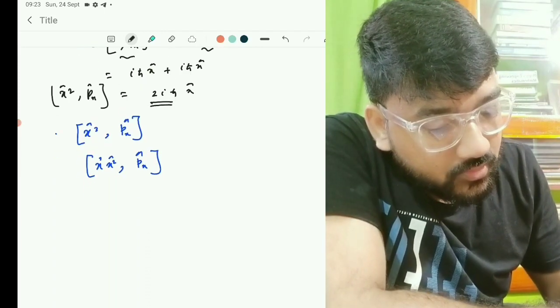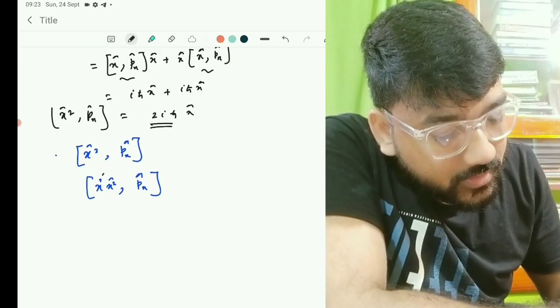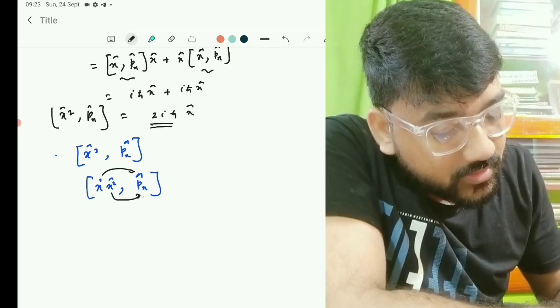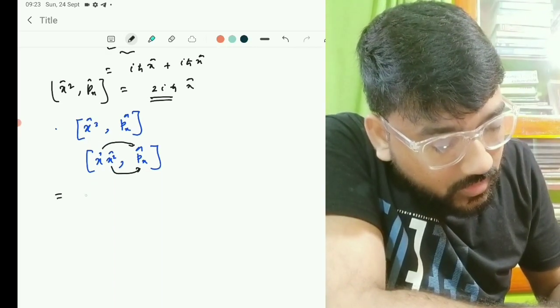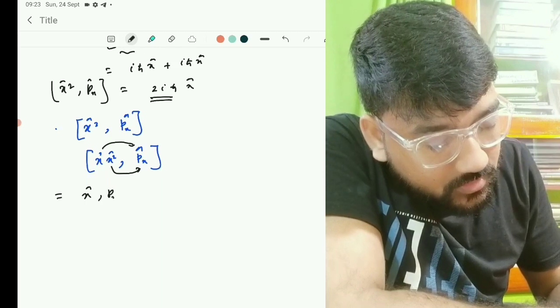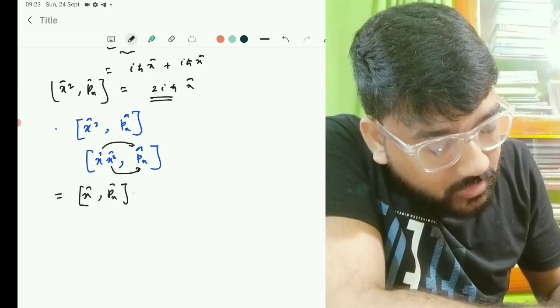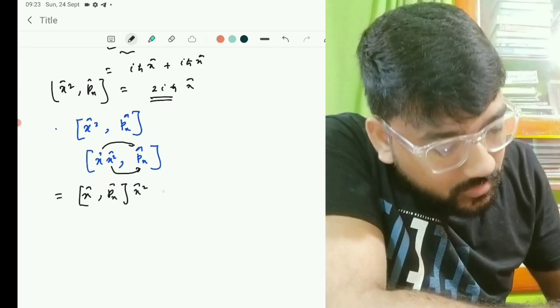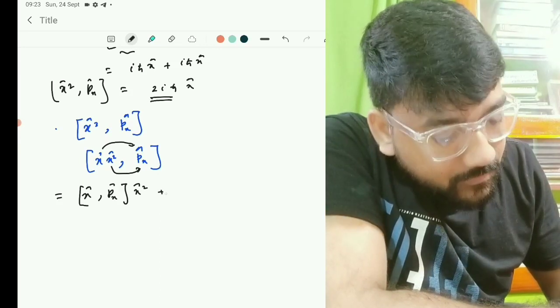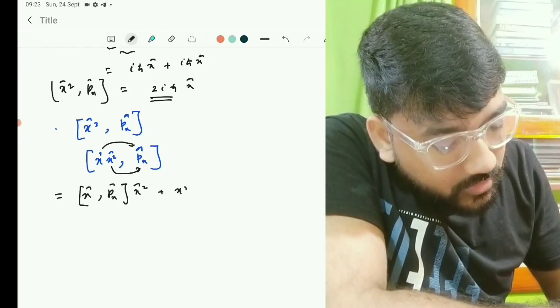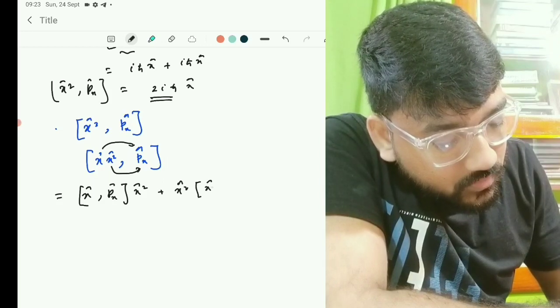Okay, so again you have to open in this way: first x with px, then x square with px. So when x with px, then x square will be outside, plus when x square will be outside, then you will have x with px.